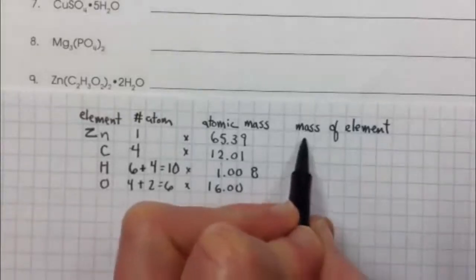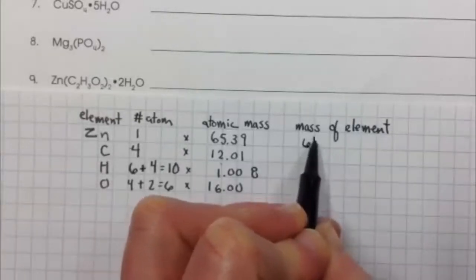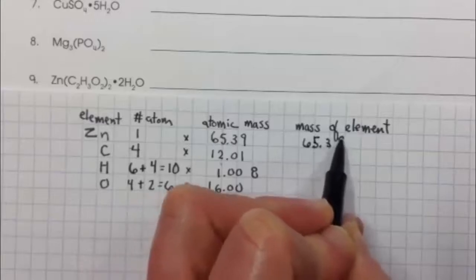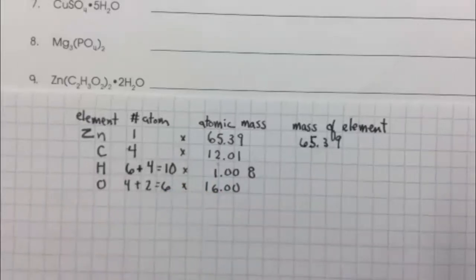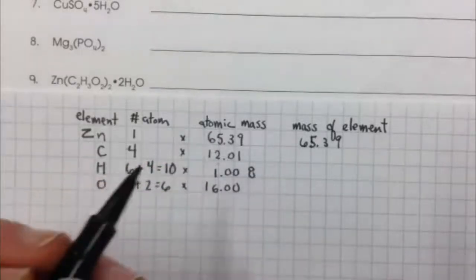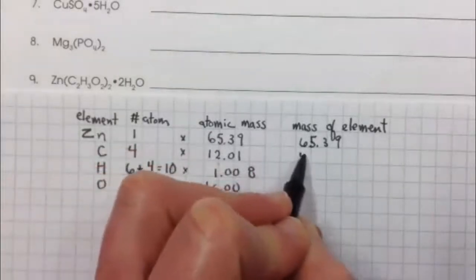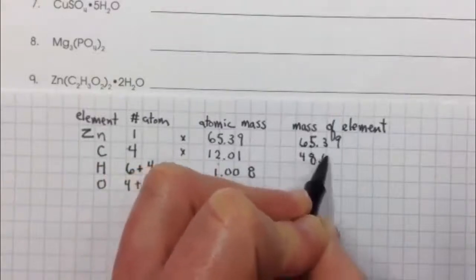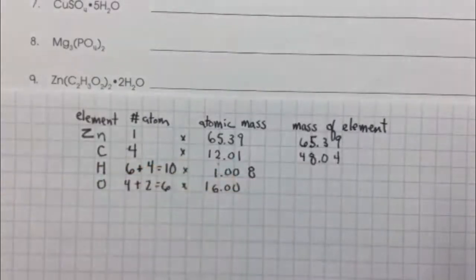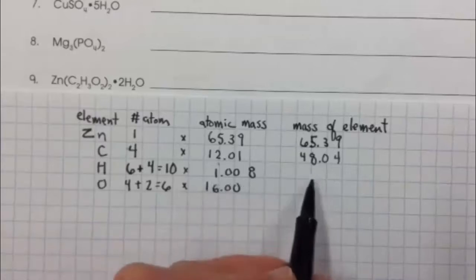So we have 65.39, that part's easy. 4 times 12.01, that would be 48.04. And then 10 times 1.008.